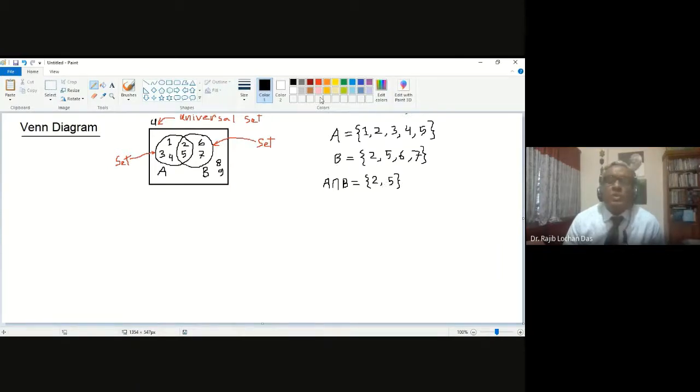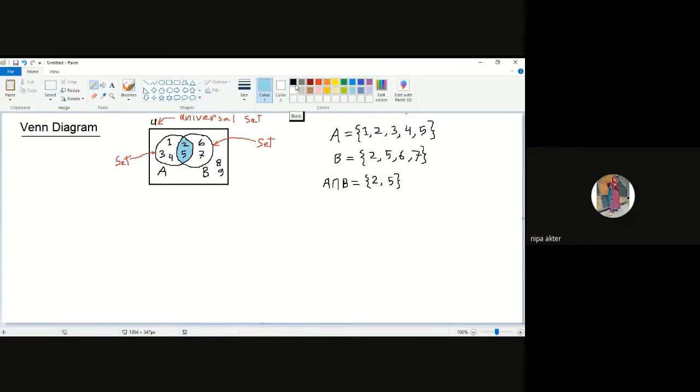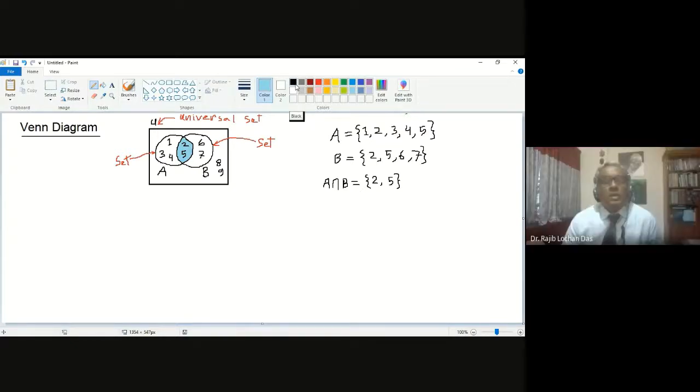Which one is the common area? In the graph, we can see this is the AB common area, the blue color. Do you understand that? This one, blue color area, is the common area. Everyone is okay with this? Yes, sir. Good.